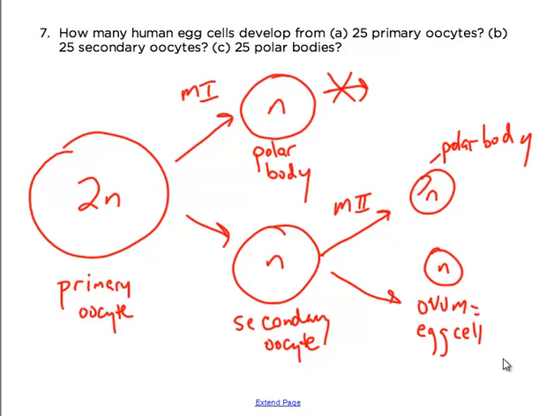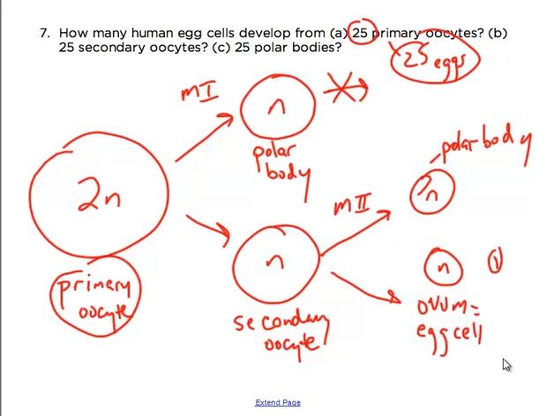Again, if we understand this relationship, we have 25 here, but we want to ask ourselves, how many mature eggs come from one primary oocyte? The answer is only one, right? So if there are 25 primary oocytes, you're going to get 25 eggs. How many mature eggs come from a secondary oocyte? Again, only one, because you also get a polar body.